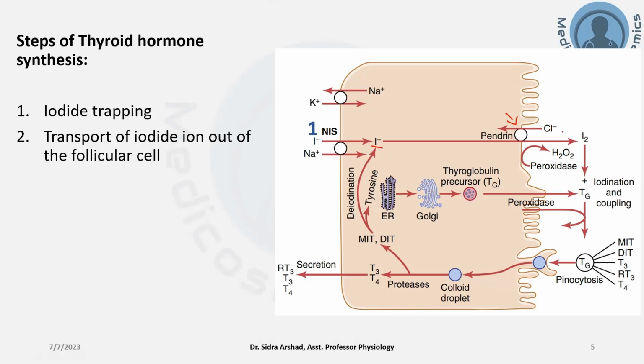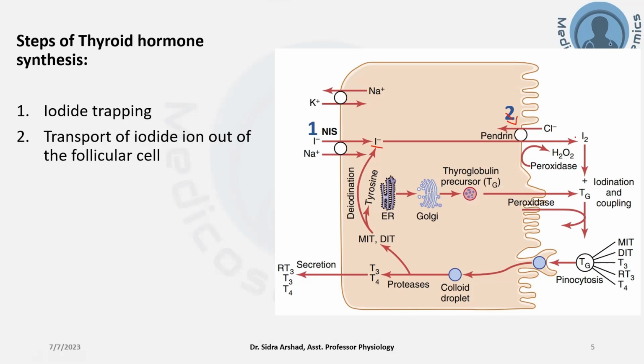It counter transports chloride and iodide. So this counter transporter is located on the apical side. Now we have 2 types of transporters: one on the basal side, which helped us trap the iodide, and another on the apical side, which helped us move this iodide into the colloid.